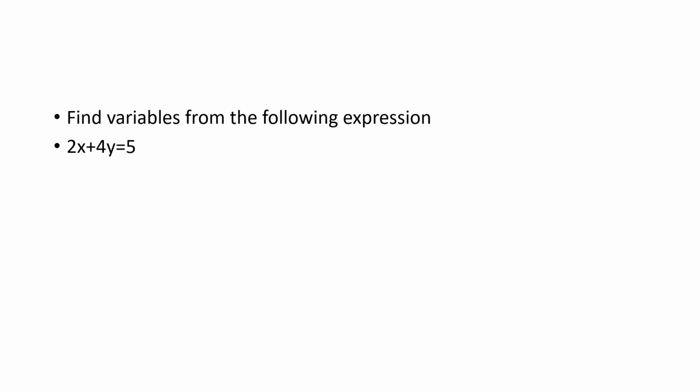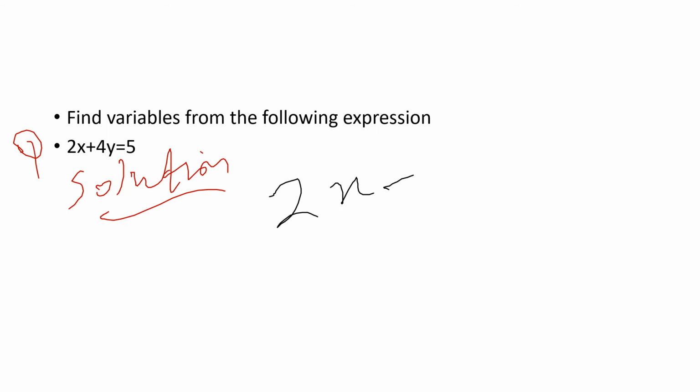So now we will find the variables from the expression. We have this question and we have to solve it. So this is our solution. First, we will write the equation as it is: 2x plus 4y is equal to 5, and we have to find the variables. So I can write separately 2, 4, 5.